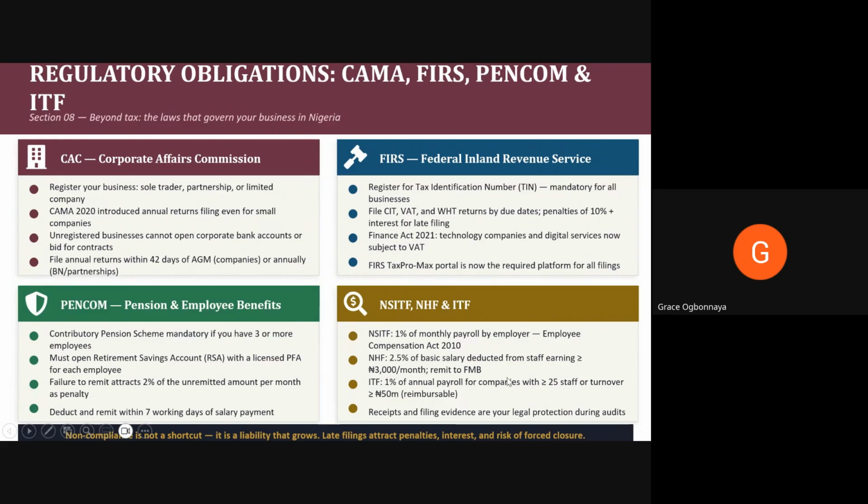If you have a staff strength of over 25 staff members, and the money is 50 million and above, the government will reimburse you. You give it to them and they give it back to you. So you need receipts of all of this during audits, and some grant applications might request for this. So we need to prepare ourselves as business people in Nigeria.